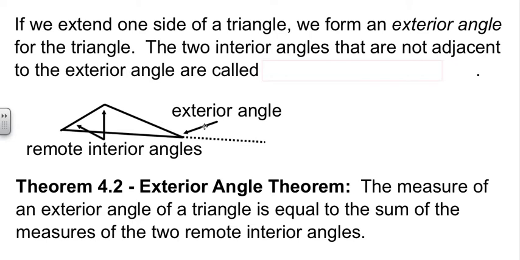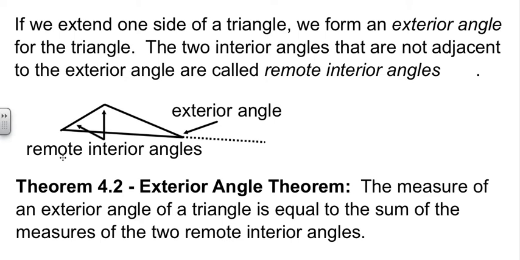Now whenever you have an exterior angle, that means you also have 2 remote interior angles. They're angles inside the triangle that are not next to this exterior angle. So they're over here away from the exterior angle. That's what the word remote means, away from. And those angles have a special relationship.